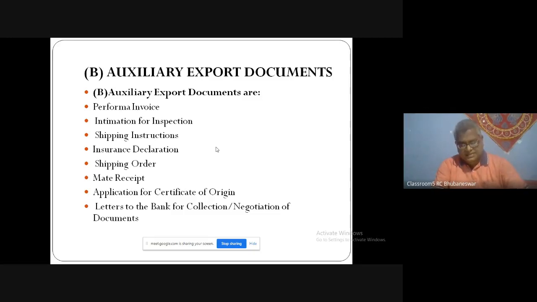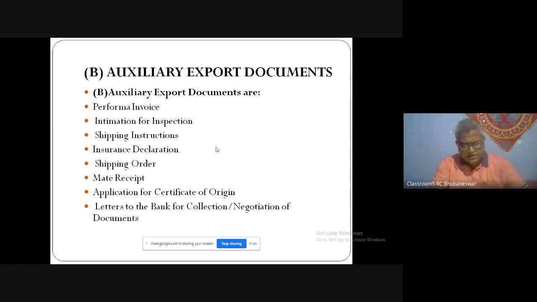The agent collects the mate receipt from the authorities and deposits it with the port authorities, saying the goods are to be loaded in the ship and sent to a destination point.